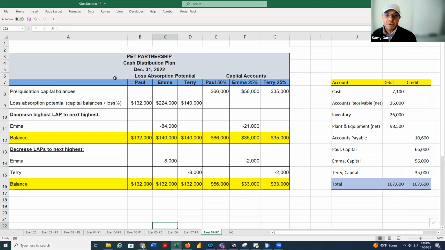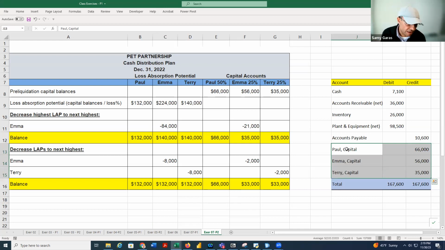But here we will come across something that we didn't discuss in the previous example, which we call loss absorption potential. How much loss each partner can take based on their initial capital. What does it mean? We know from the balance sheet that Paul had 66,000 capital, Emma 56, and Terry 35.